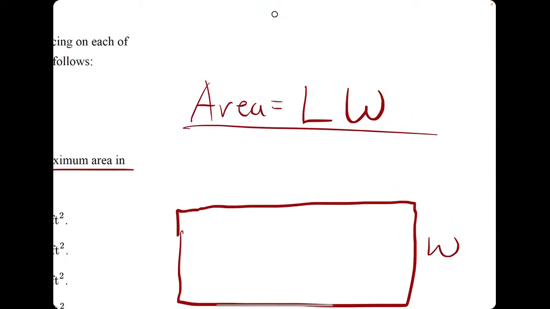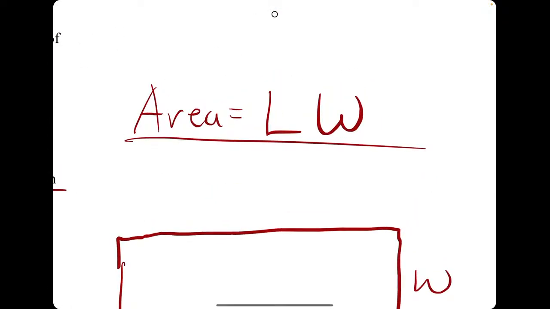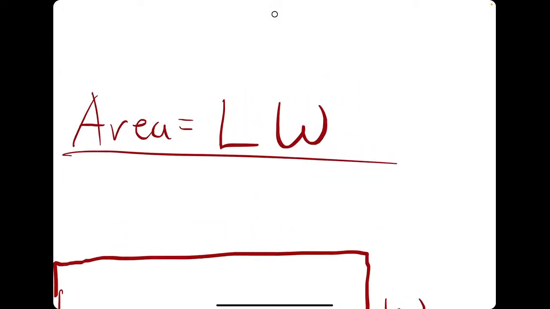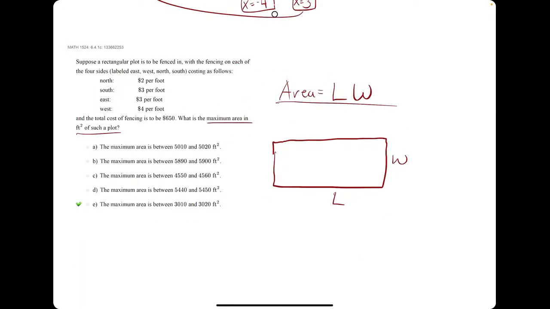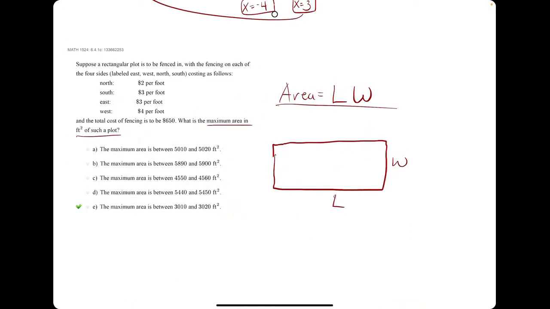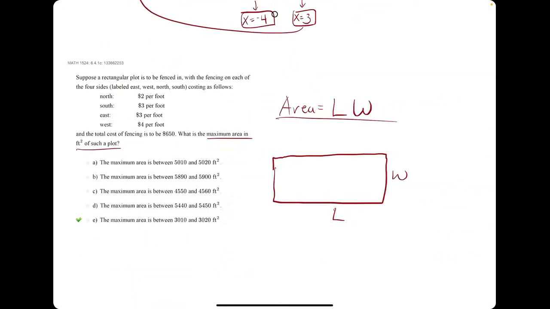If we could take the derivative of length times width right off the bat, then we would. But because we have two variables, L and W, we can't do that quite yet. Our goal is to get area in terms of one variable. That's where all the other information about cost comes into play. I'll explain it as a shortcut for setting up the cost equation.